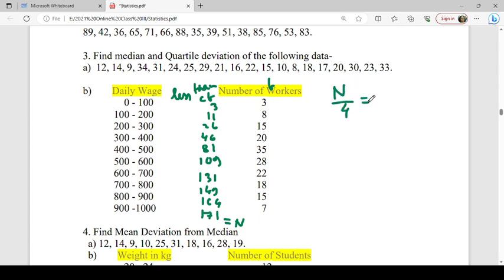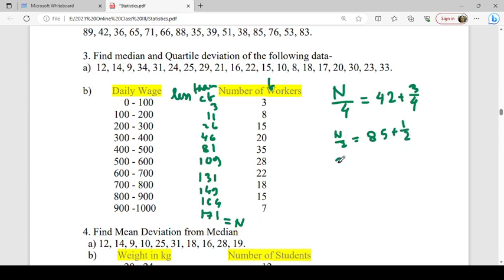N by 4 is 171 by 4, which is 42 plus 3 by 4. N by 2 is 85 plus half.